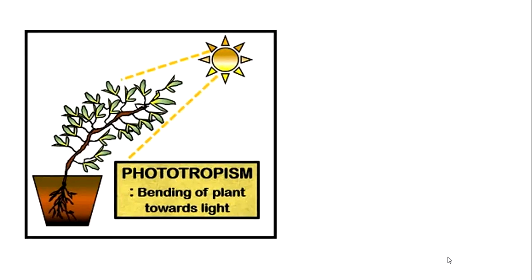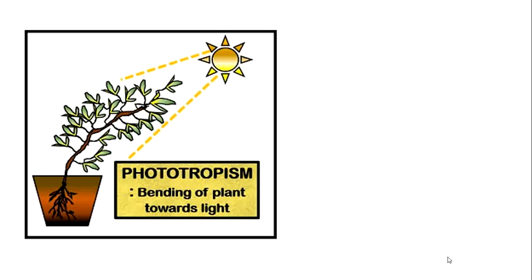Now, the other thing is light. The growth of a plant toward or away from light is a tropism called phototropism. A plant has a light-sensing chemical that helps it detect light. Leaves and stems tend to grow in the direction of light, as you can see here.